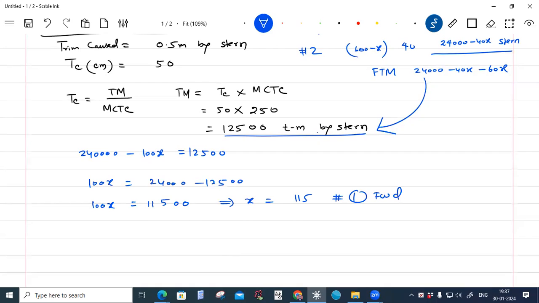And 600 minus x is how much? Sir, 485. That is number 2 space, the aft. Yes, sir, that's it.